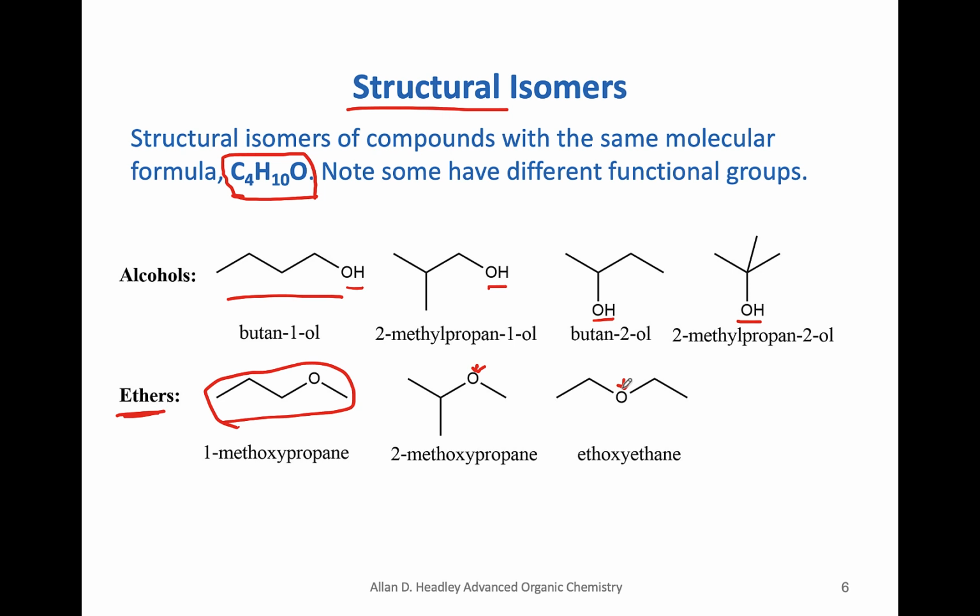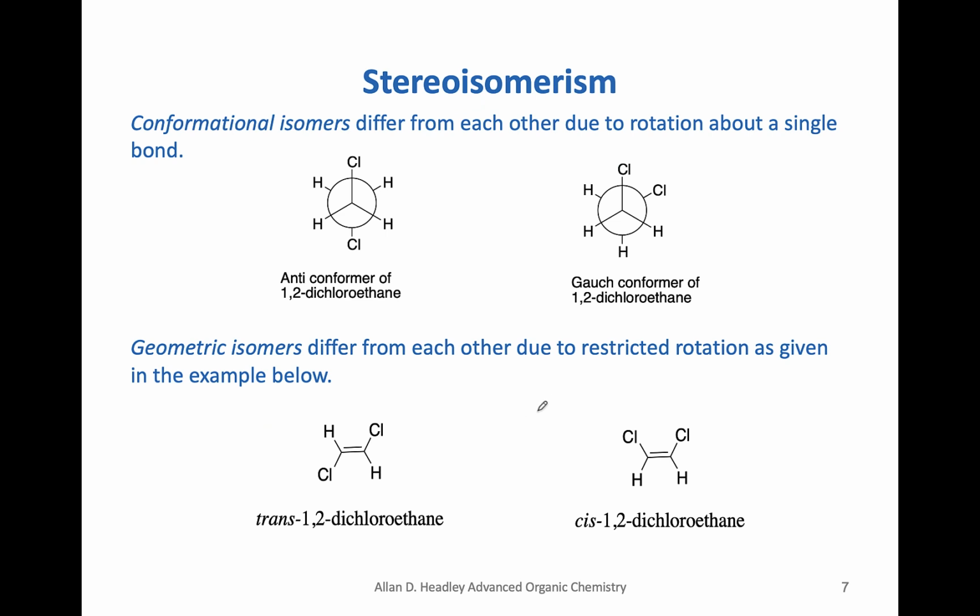So let's go into stereoisomers. For stereoisomers, remember that the atom to atom connections for any two molecules will be the same. So let's look at these two molecules here. This is 1,2-dichloroethane, 1,2-dichloroethane. Same connectivity.